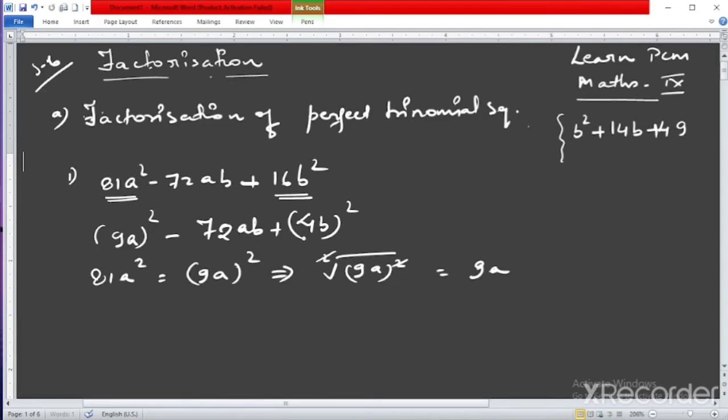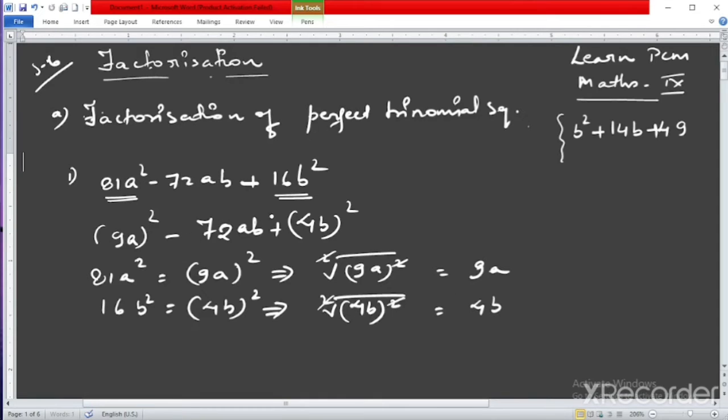Similarly, 16b square can be written as 4b whole square, and when you find the square root of 4b square, the 2 and 2 cancel out, and you get 4b.